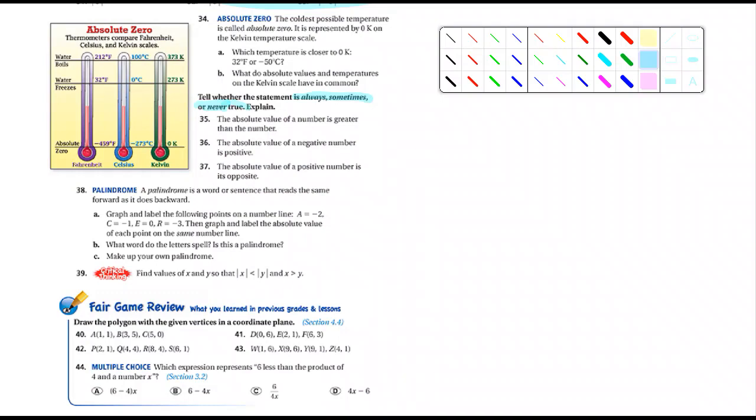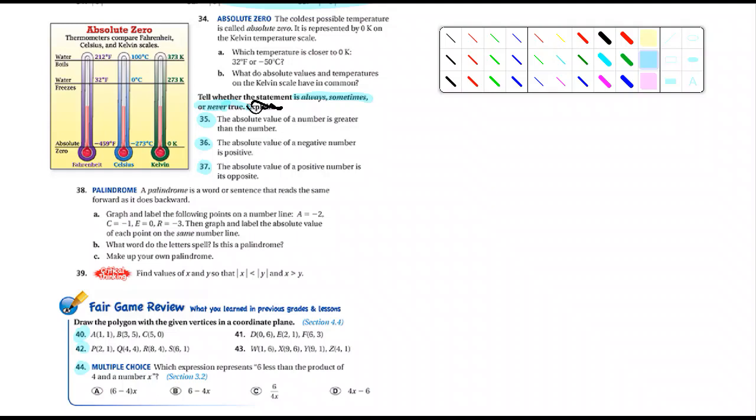And again, you don't have to explain it. 35, 36, 37. Yeah, 40. 42, 44.